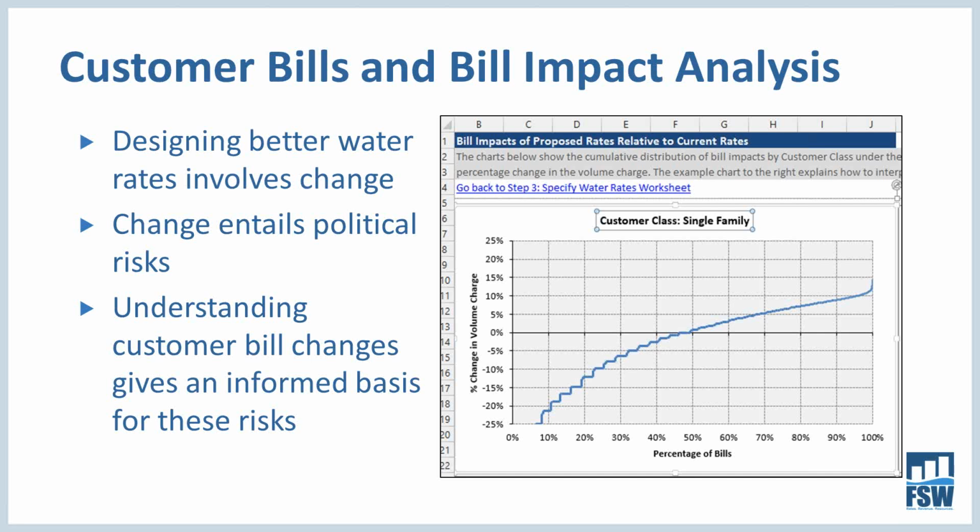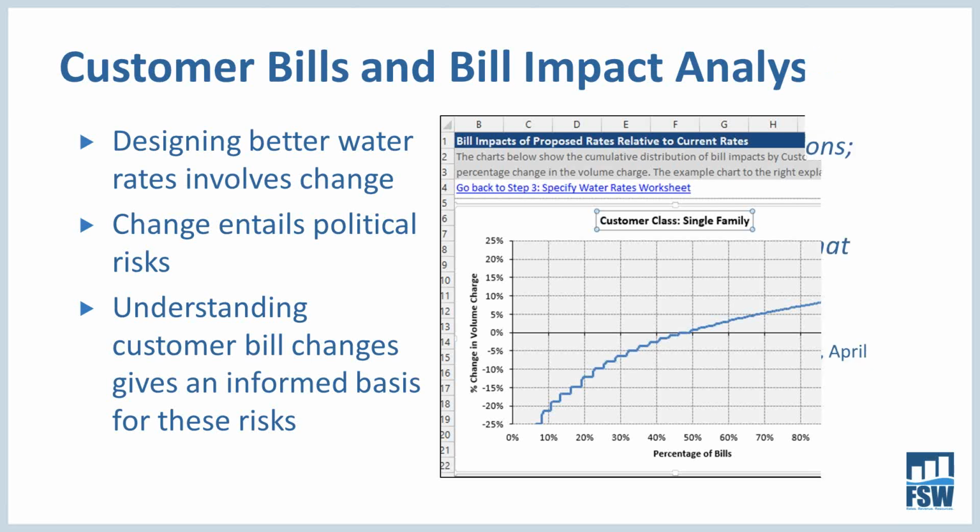This allows you to understand what political risks you're going to be running and how you might mitigate them, and that in turn can inform what the desirable water rate structure would be. Next slide.